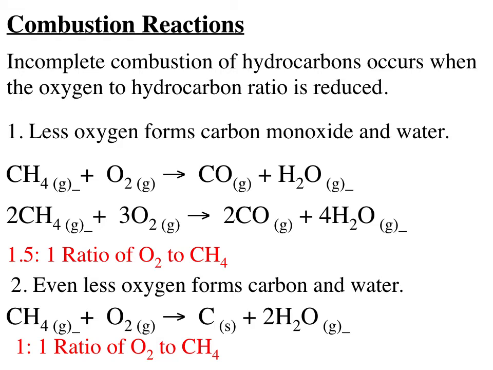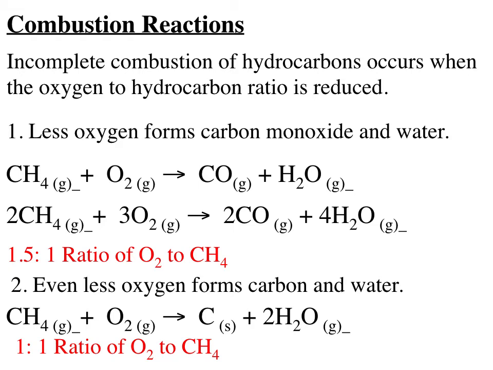Notice if I balance this chemical equation, which I have done, I have a 1-to-1 ratio of O2 to CH4. You can do the same thing by closing the barrel on your Bunsen burner, and the flame will turn into a bright yellow because you've decreased the oxygen to methane ratio down to a 1-to-1 ratio, and you're getting elemental carbon being formed as the product, and you're making the yellow flame as a result.